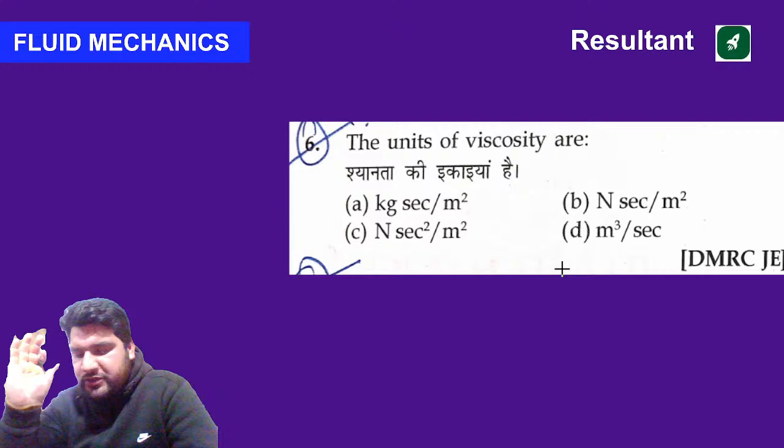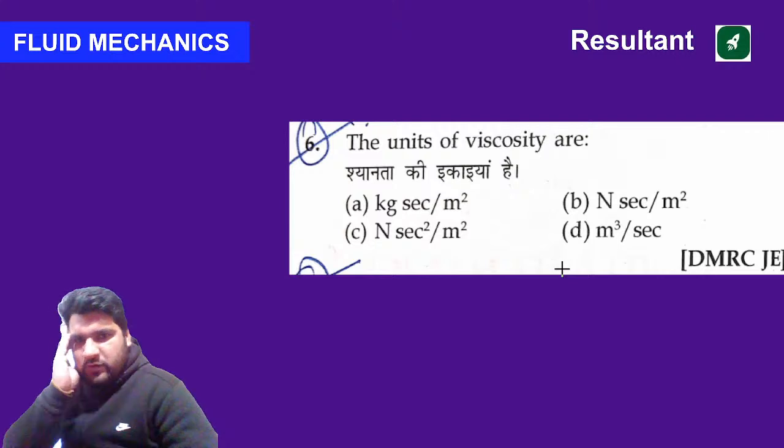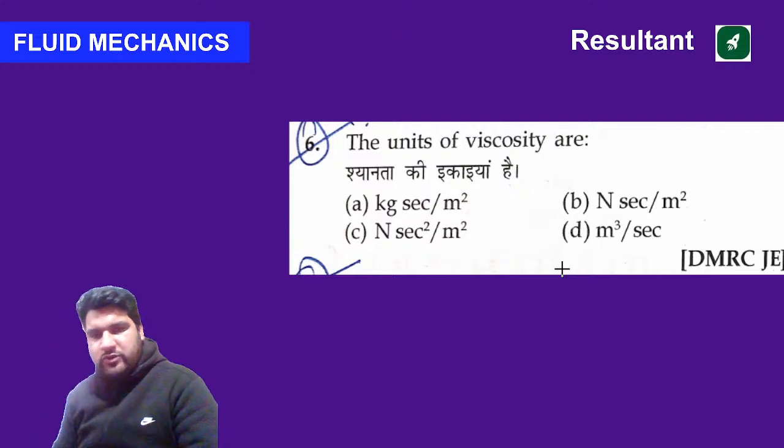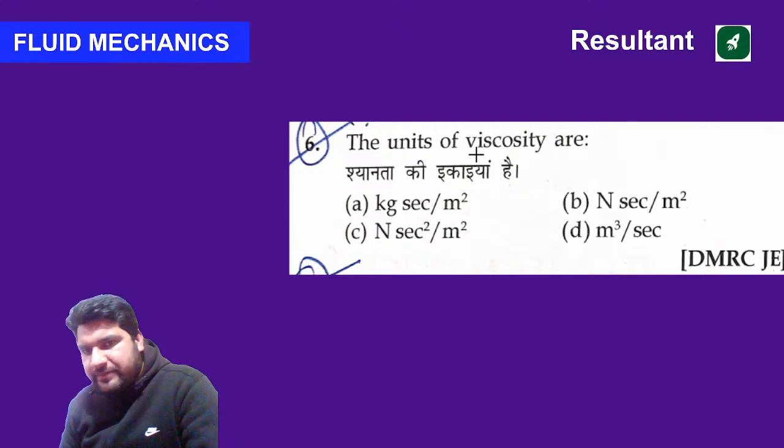What is the unit of viscosity? Okay, I will completely discuss the viscosity. Here I am saying viscosity, that means dynamic viscosity. So the dynamic viscosity mu has the unit Newton second per meter square. This is the SI unit.